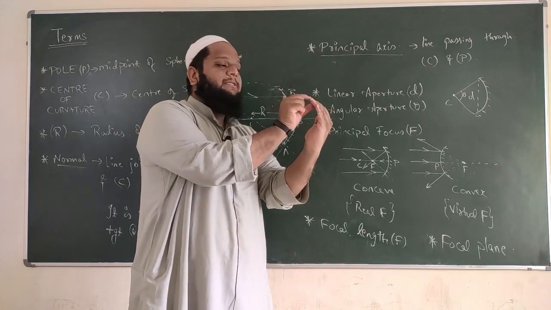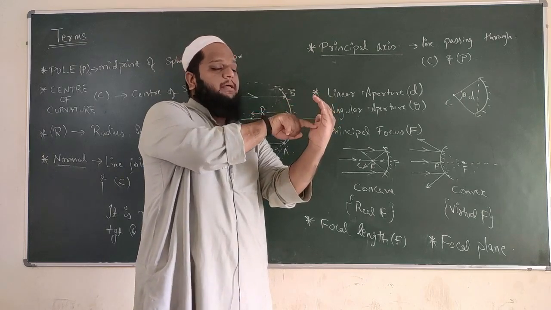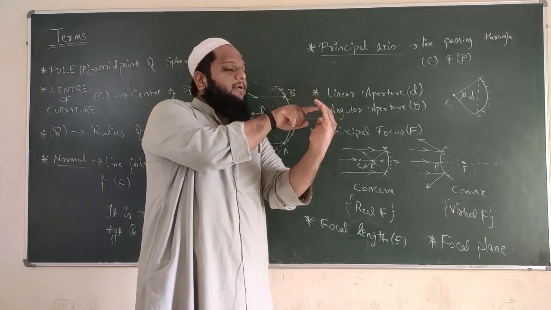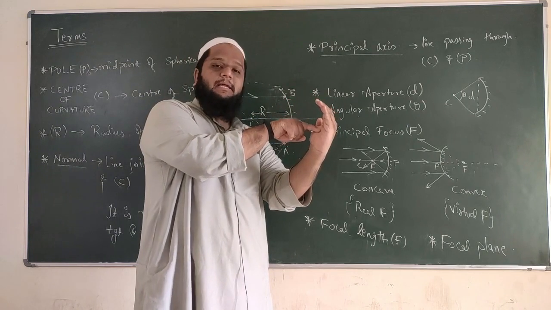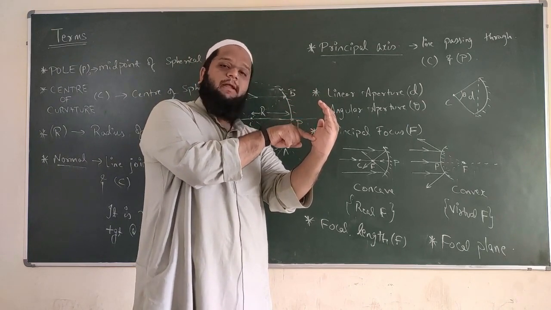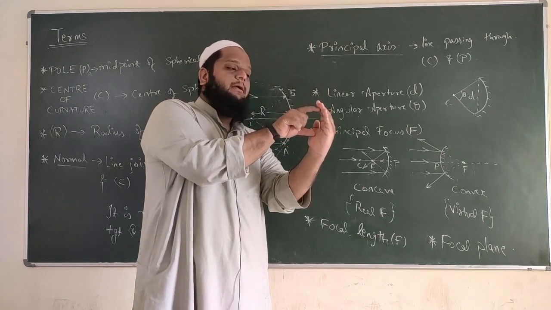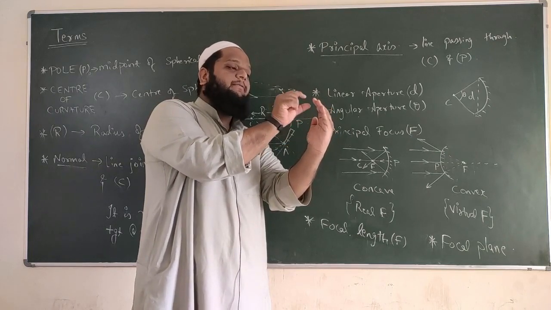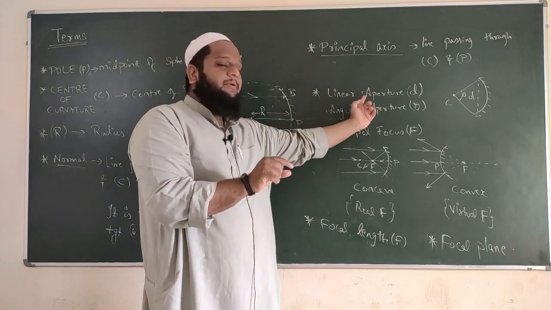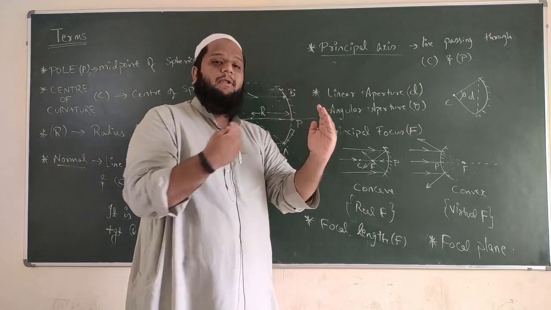So this part is damaged, this part is damaged. So only this much is there, from here to here. Whatever light rays are coming here will be reflected. Above that, it won't be reflecting. That means effectively the mirror is from here till here. This extra part is a waste now. So linear aperture shows what part of the mirror is effectively reflecting.